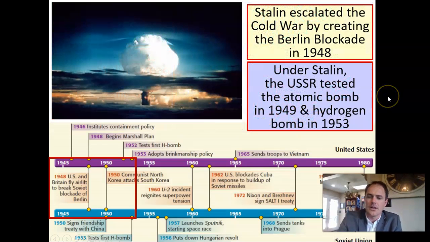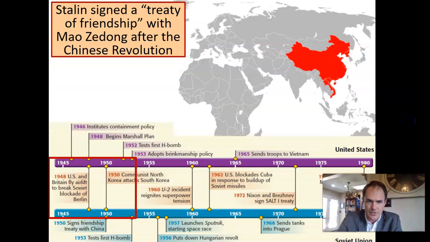He also blockaded Berlin in 1948 as a way to end the West's control of West Berlin. It didn't work. Under him, the USSR tested the atomic bomb in 1949 and the hydrogen bomb in 1953. These tests helped increase tensions between the United States and the Soviet Union.